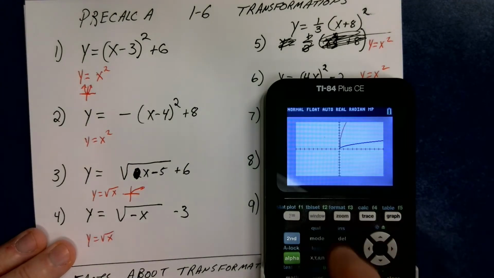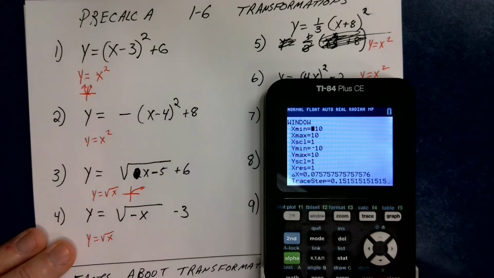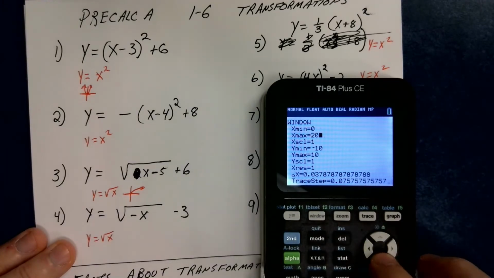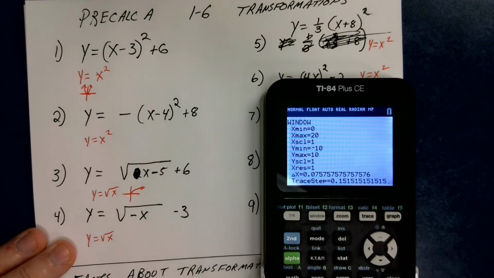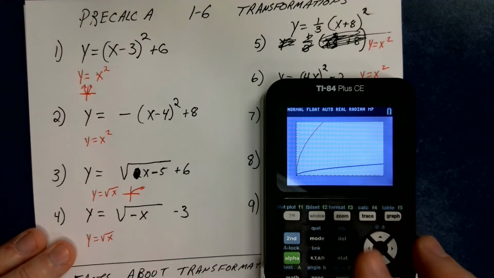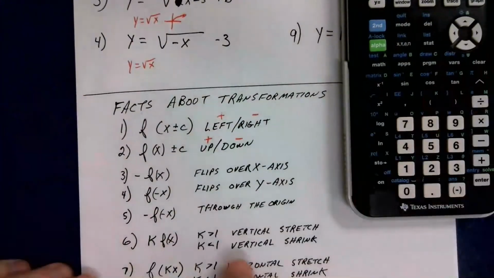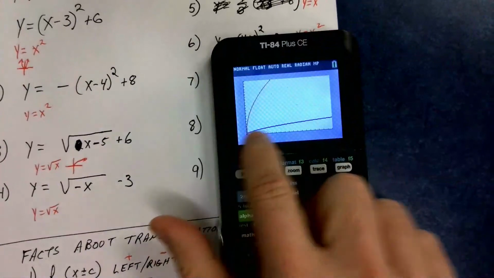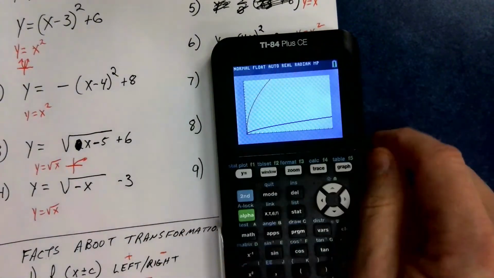Like, what the heck? So let's just focus in on that section of it. So I'm going to go x min 0, x max 20, y min 0, y max 20, so we can just see it. And you can see that this one was a big vertical stretch. It stretched it vertically, so instead of going as flat as what it did, it went way up.